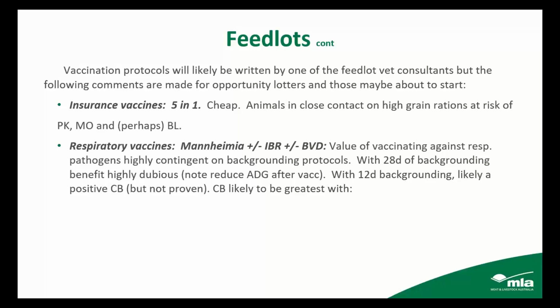The general idea is that IBR and BVD set the stage for Mannheimia and other bacterial infections to cut a path of destruction. So the amount of productivity loss from these two alone can be, but generally is not, huge. It's the fact that they're the precursors to this one.